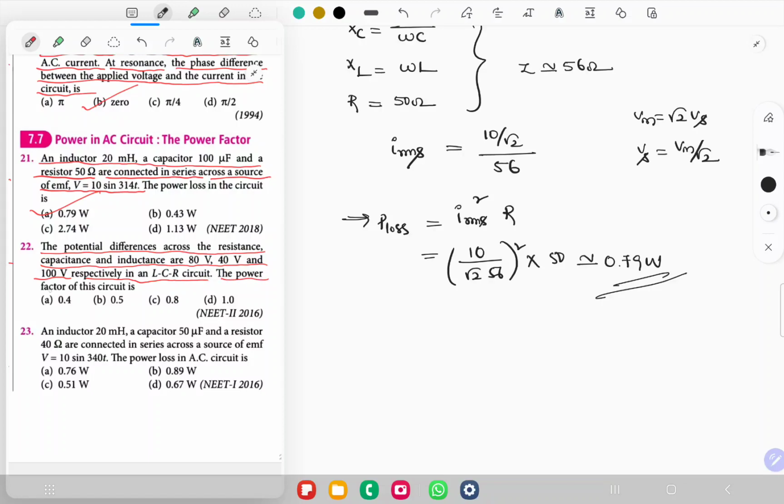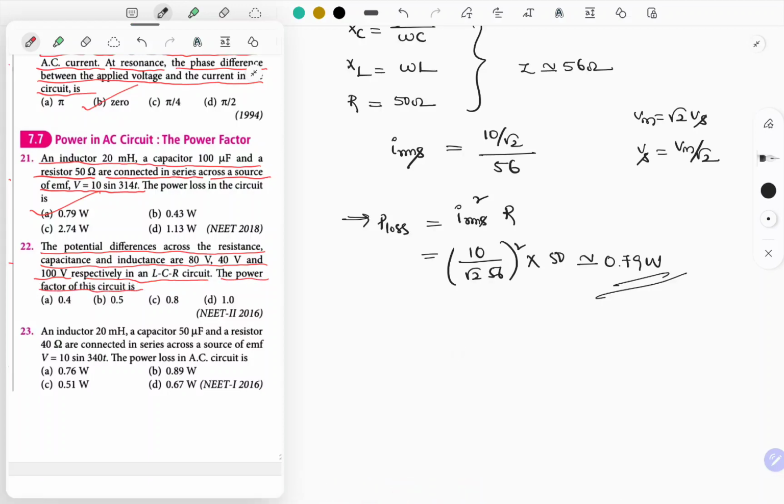an LCR circuit. The power factor of this circuit is, so we know the formula for power factor, that is cos phi. So we have different formulas of cos phi. In terms of voltage, it is going to be the voltage across the resistor divided by the supply voltage. Supply voltage can be replaced as root of VR square plus the net voltage across the remaining terminals.